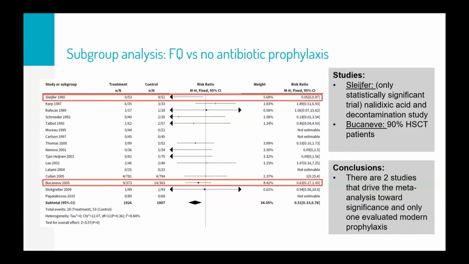So in conclusion, for fluoroquinolone prophylaxis specifically, there are 2 studies that drive this meta-analysis towards significance, and only one evaluated modern prophylaxis, which wasn't statistically significant.